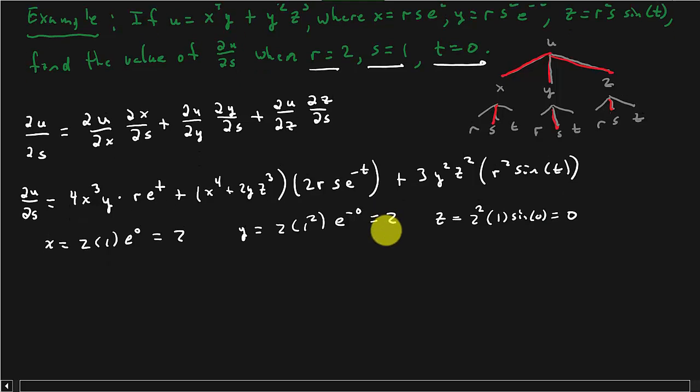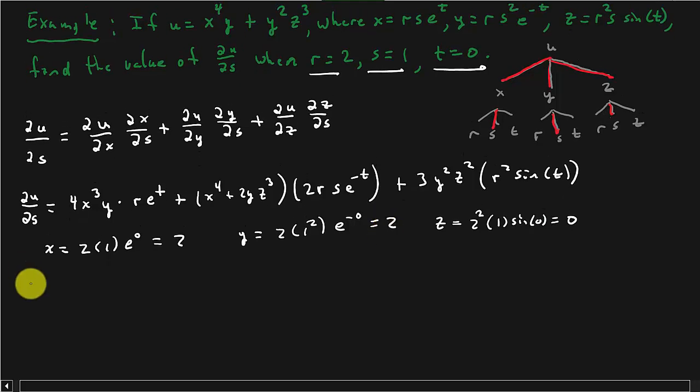So now let's plug everything in. We've got the partial of u with respect to s evaluated at r equal 2, s equal 1, and t equals 0.